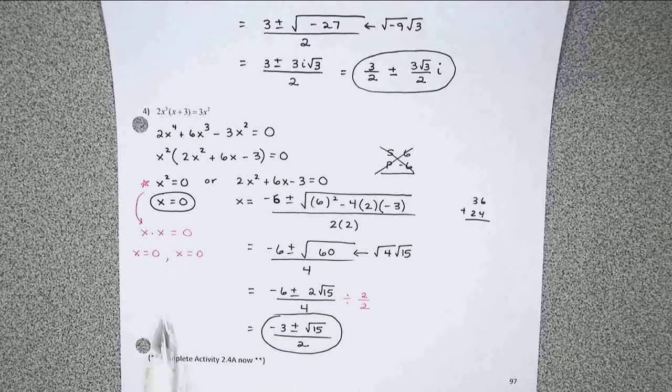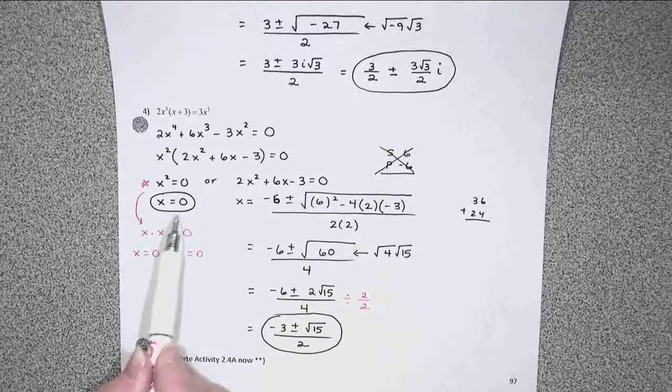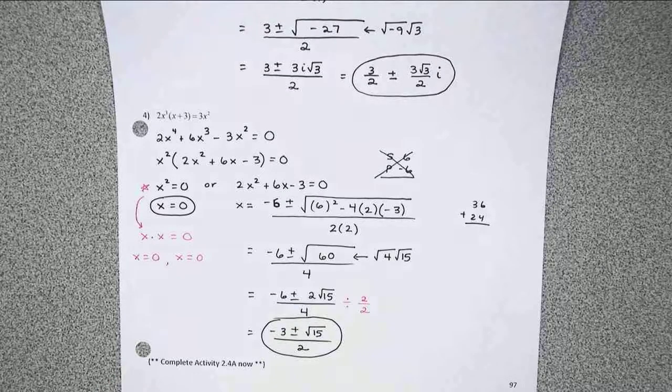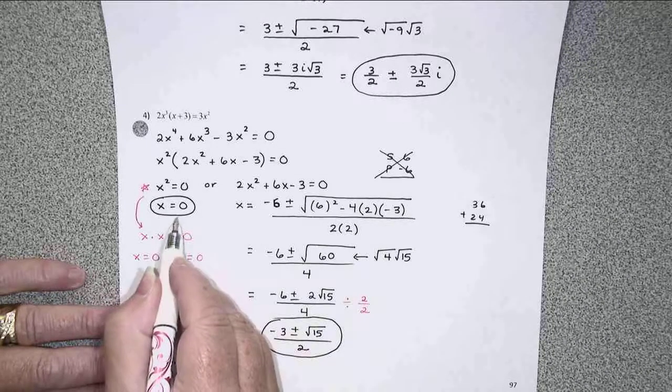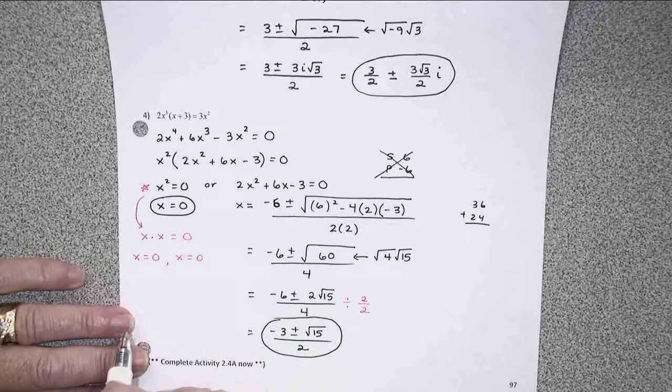This is going to happen anytime you have a square on a particular factor. Or it could even be 3 times or 4 times that you'll get the same solution. When that happens, we really only list 0 as a solution once, but we reflect the fact that it really occurred twice by saying this is a solution or a 0 of multiplicity 2.